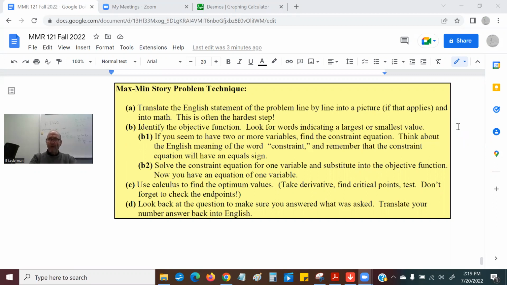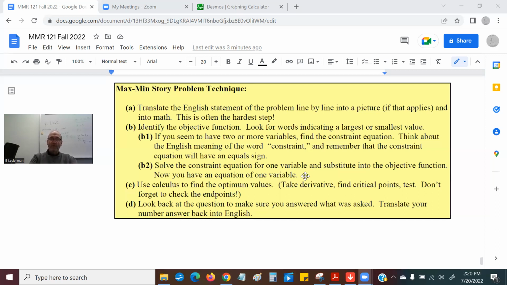So our objective is to find the cost. We solved the constraint equation for one variable, in our case for y, and we substitute that into the objective function. And now we have an equation with one variable.